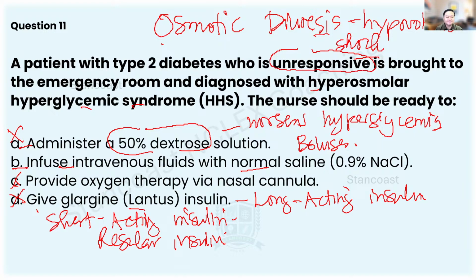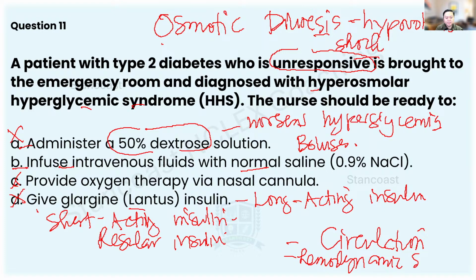So we need to reestablish their circulation. That is an issue for this patient. You've got to prioritize the normalization of their circulating fluid volume in order to facilitate perfusion to the body organs. Make sure that it is maintained. Hemodynamic stabilization. All right, that is letter B.